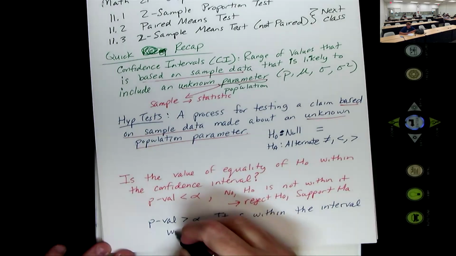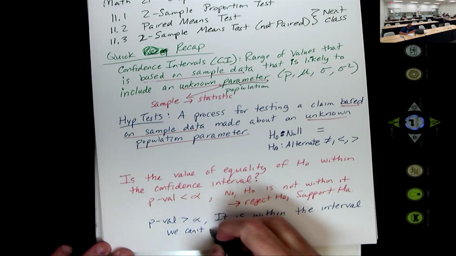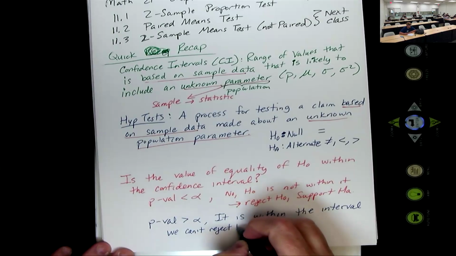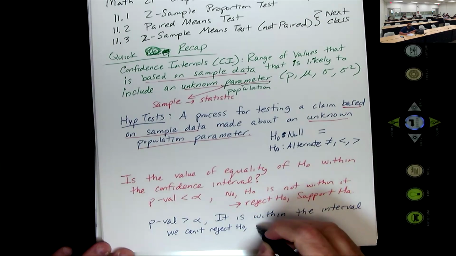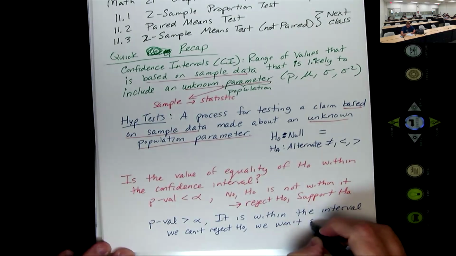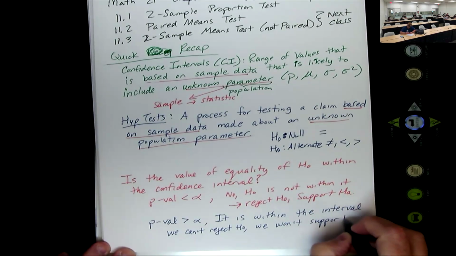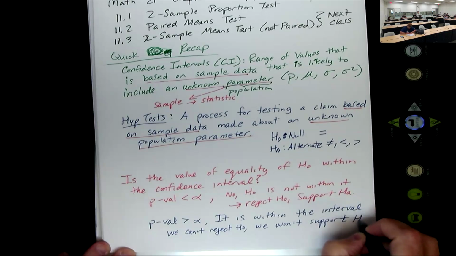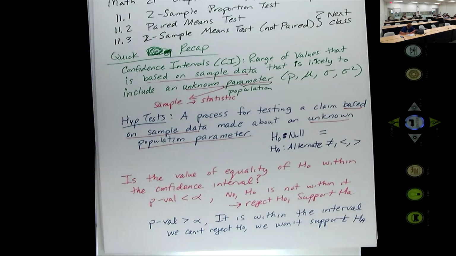So we can't reject H naught, which means we won't support HA. We can't support HA if H naught is possibly true. They can't both be right.